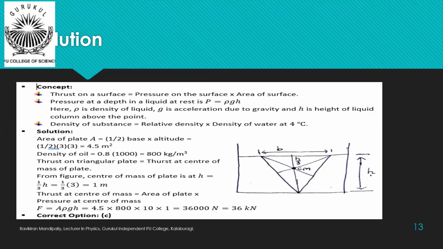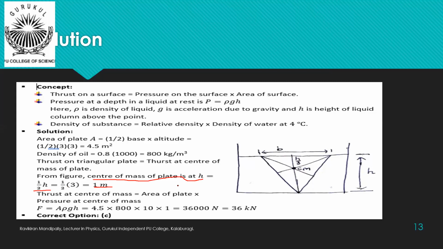H is equal to 3 meter, so this h by 3 is equal to 1 meter. That means the liquid column above this center of mass is of height 1 meter. That is why here I am mentioning the center of mass of the plate is at h by 3, that is 1 meter.